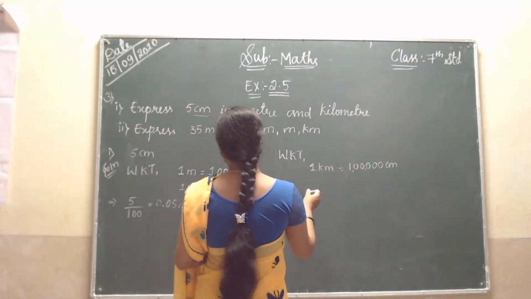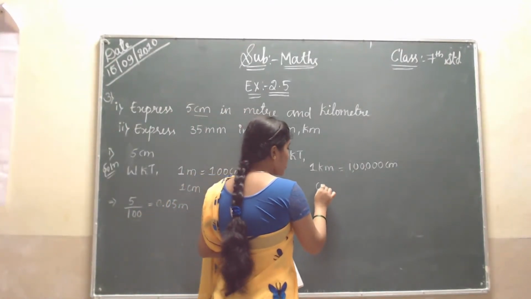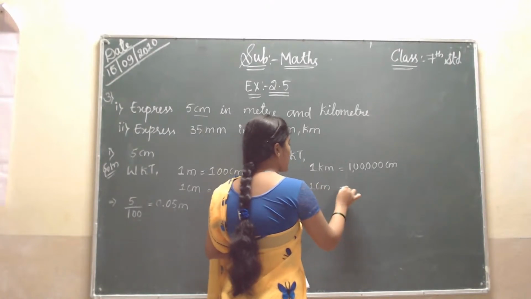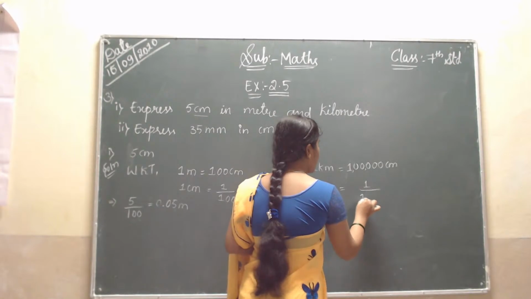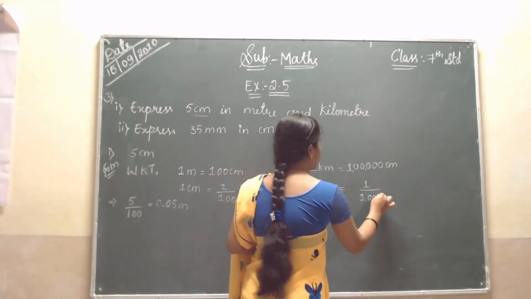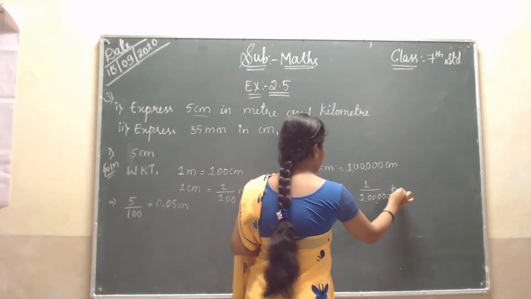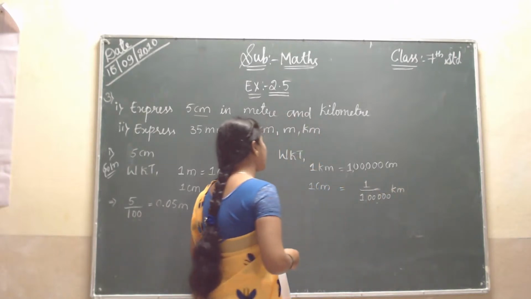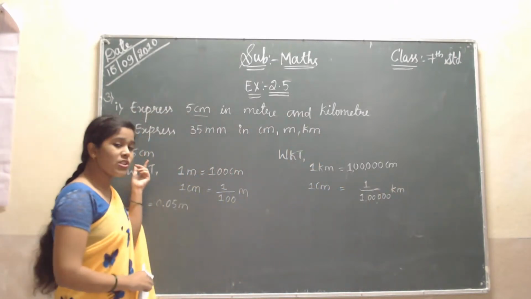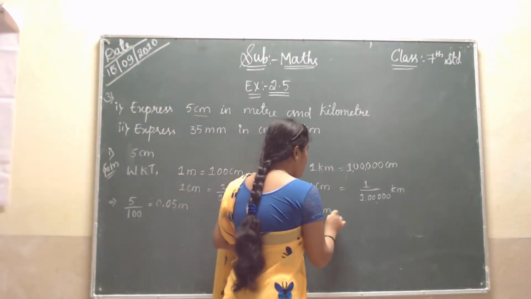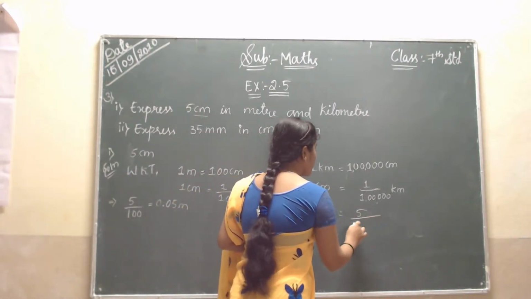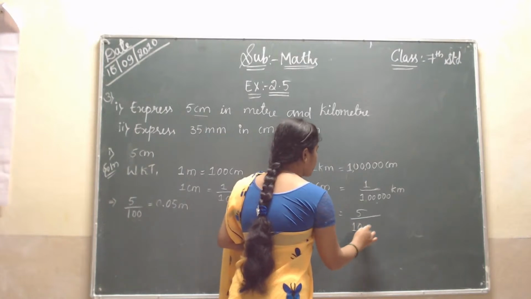So we are converting centimeter to kilometer. So 1 centimeter is equals to 1 divided by 1 lakh kilometer. How much centimeter? The question is 5 centimeter. So 5 centimeter is nothing but 5 divided by 1 lakh kilometer.